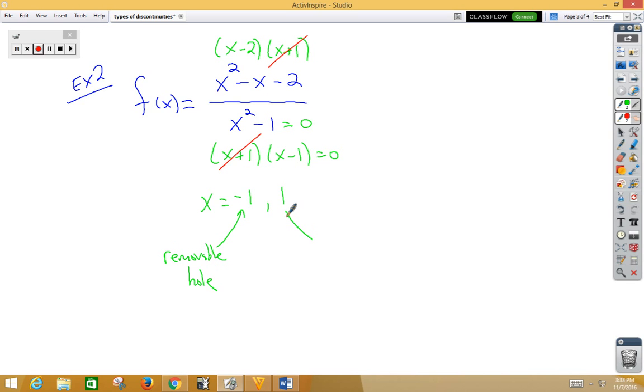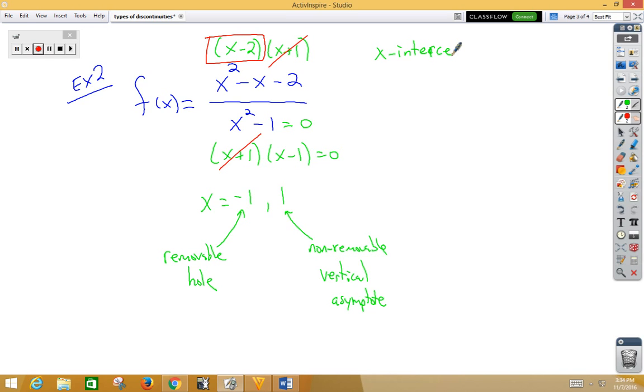The positive 1 was non-removable, which means we have a vertical asymptote. Now, students frequently get confused or concerned about what to do with the x - 2 on top. Well, when the top is equal to 0, those are technically x-intercepts.